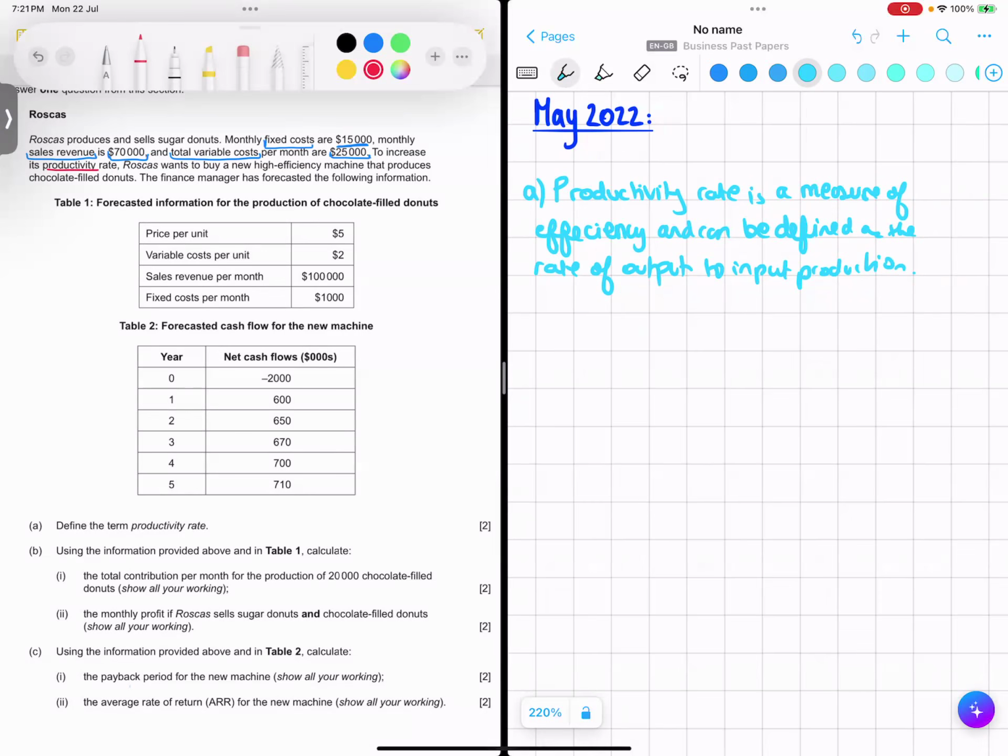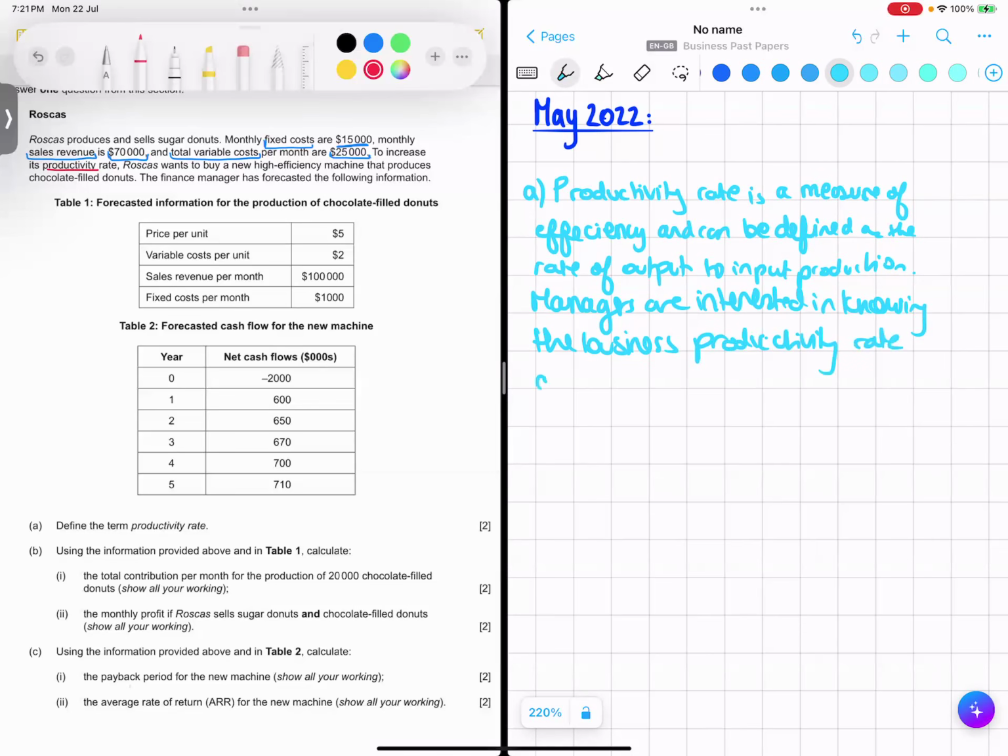But first I'm going to add: managers are interested in knowing the business's productivity rate as it measures efficiency of production. And then we can continue by writing the formula.